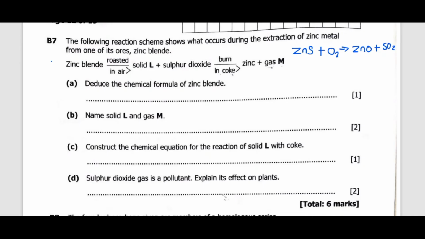Then the second one, the zinc oxide will react with carbon. So the carbon is a reducing agent here. We are going to have zinc plus carbon monoxide. So that's what you are going to get here.